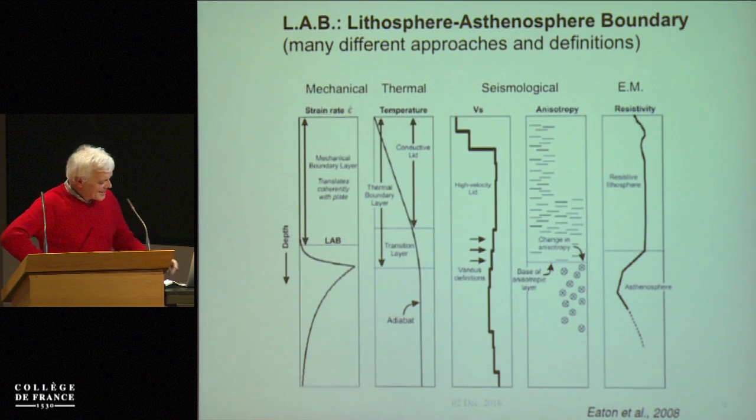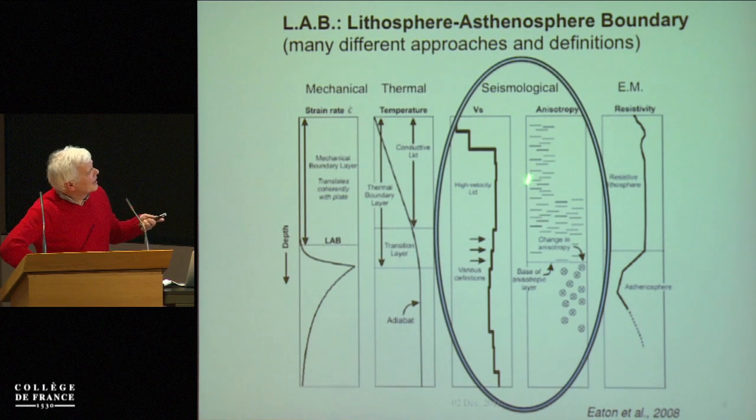And of course, in seismology, we have another approach by considering S-wave velocity, the high velocity lid, where we have a decrease of the velocity below the plate. And from seismic anisotropy, that's an example where we can expect some change in anisotropy when you go from the plate to the asthenosphere.